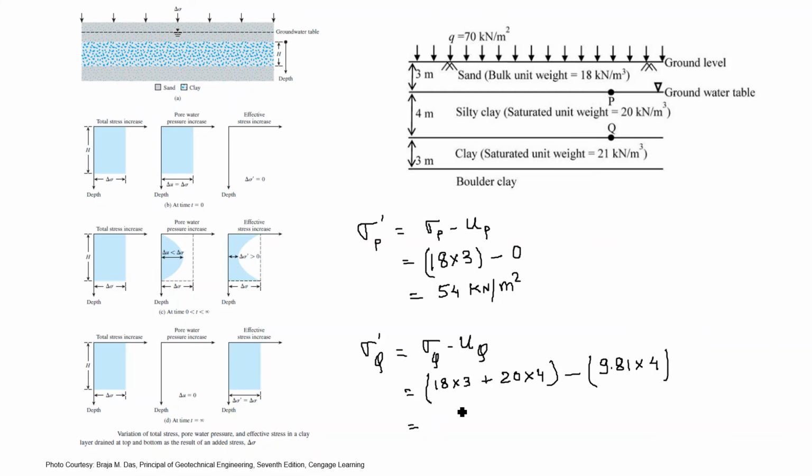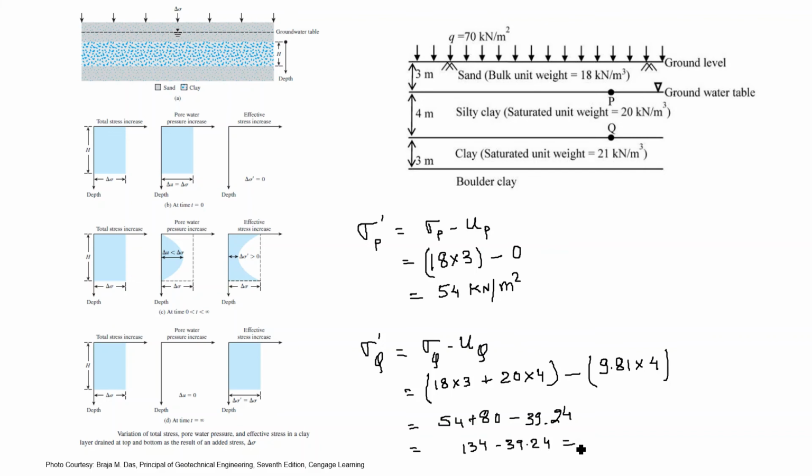So when you calculate this, you will get 18 into 3, that is 54, plus 80, minus 39.24.